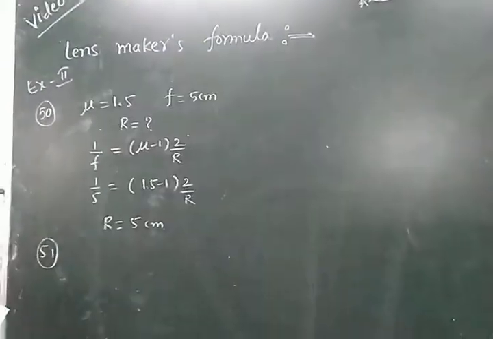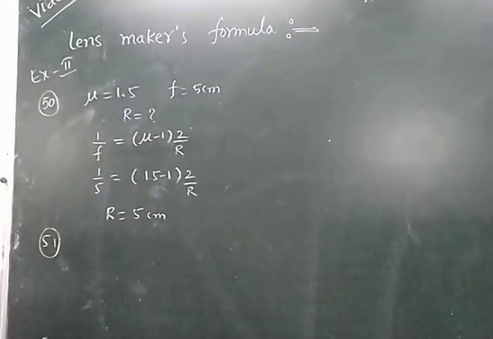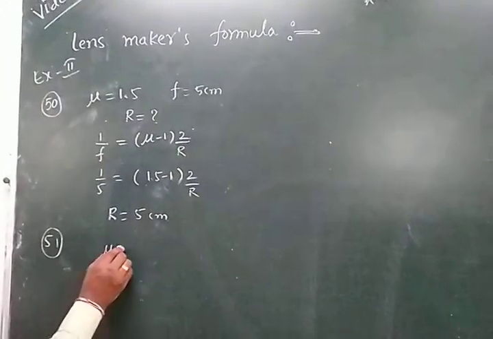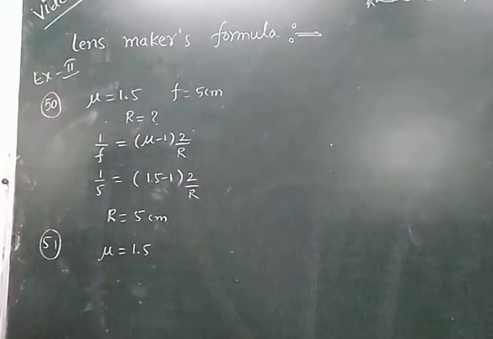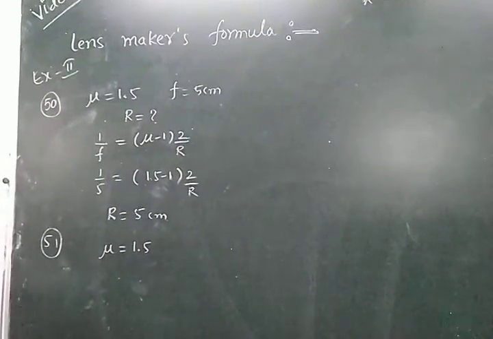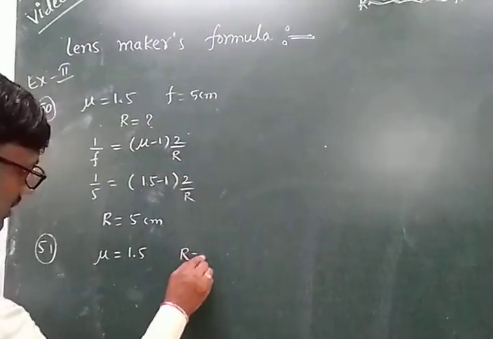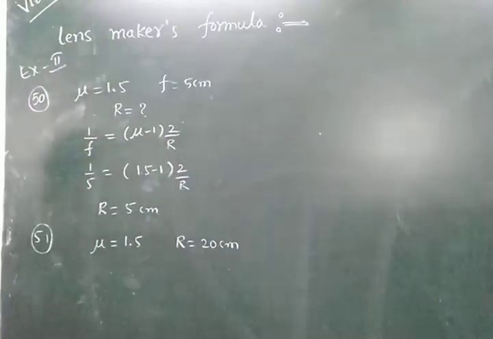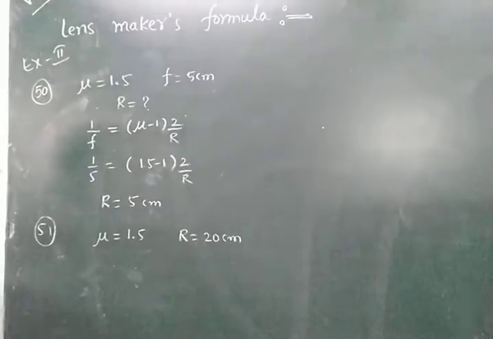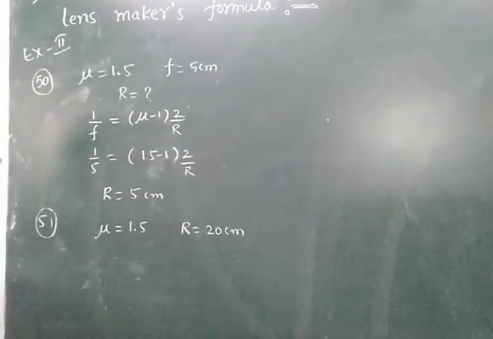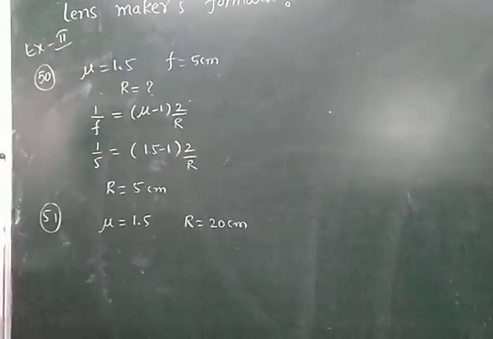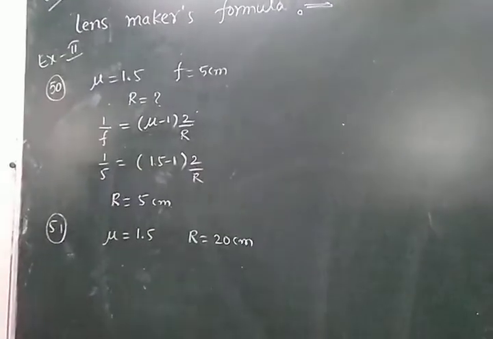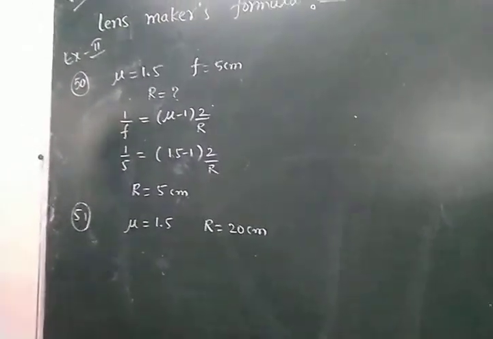So next, question number 51. A double convex lens of refractive index 1.5 has a radius of 20 centimeters. Incident rays of light parallel to the axis will converge at what distance from the lens?